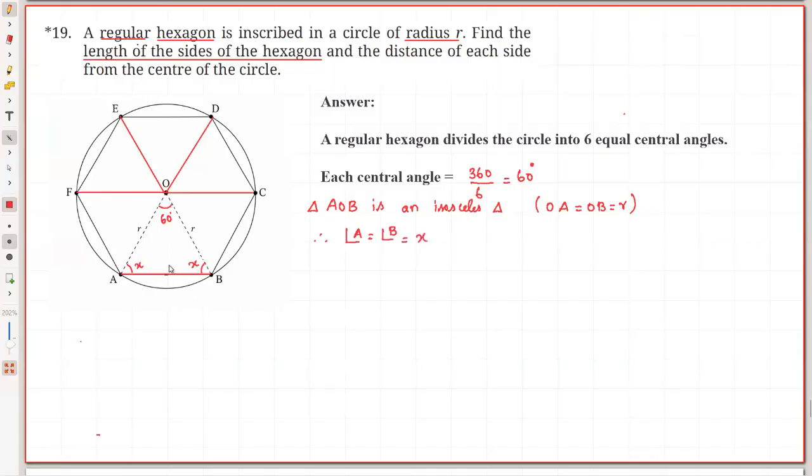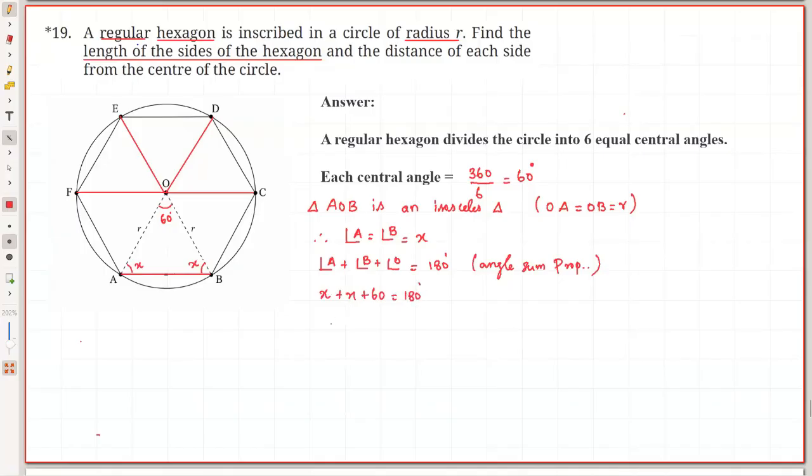Now I am going to use the angle sum property of a triangle. In triangle OAB, angle A plus angle B plus angle O is equal to 180 degree. This is the angle sum property. Angle A we have taken as X, so X plus X plus 60 is equal to 180 degree.